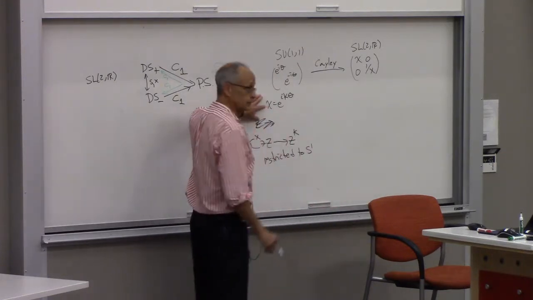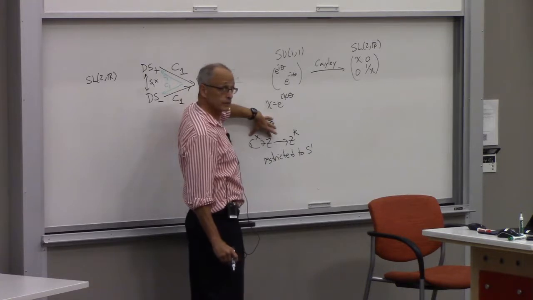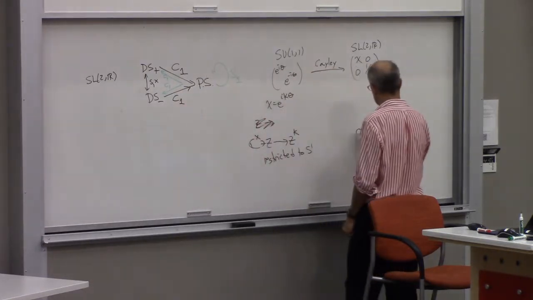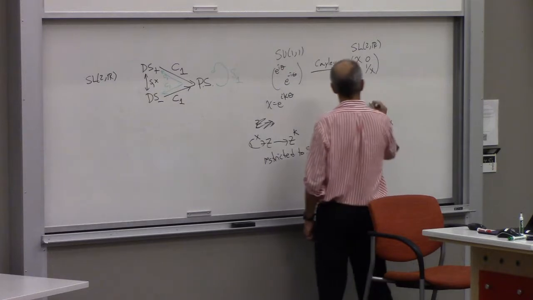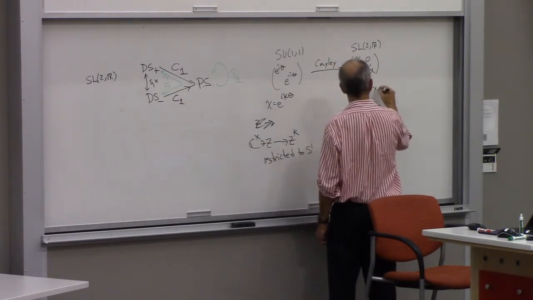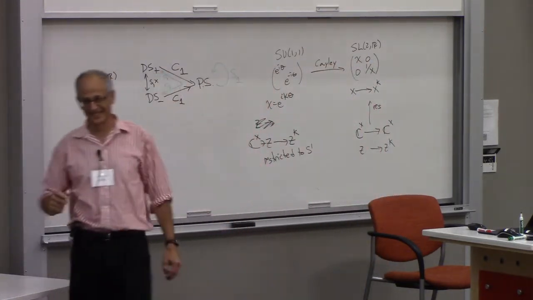I have a character of S1. I can think of it as the restriction of an algebraic character of C cross. And so over here, I can do the same thing. Take the same character from C cross to C cross, which is z goes to z to the k, and restrict it to R cross. You get x goes to x to the k. Is that right? Yep. Excellent.